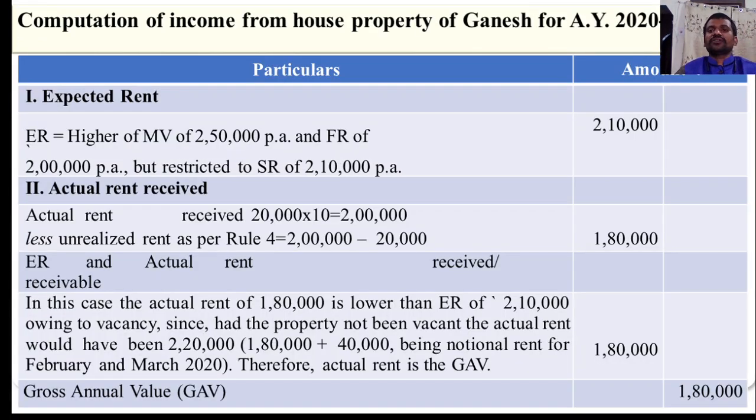Here, computation of income from house property of Ganesh for the assessment year 2021. Particulars, amount. Here, very first, expected rent. Expected rent we have to take first. The expected rent equals the municipal value or fair rent, whichever is more, but it is restricted to the standard rent. Municipal value is 2,50,000, fair rent is 2 lakh.